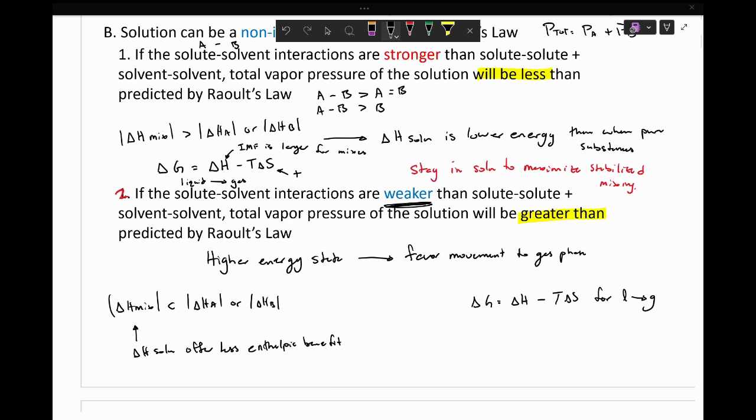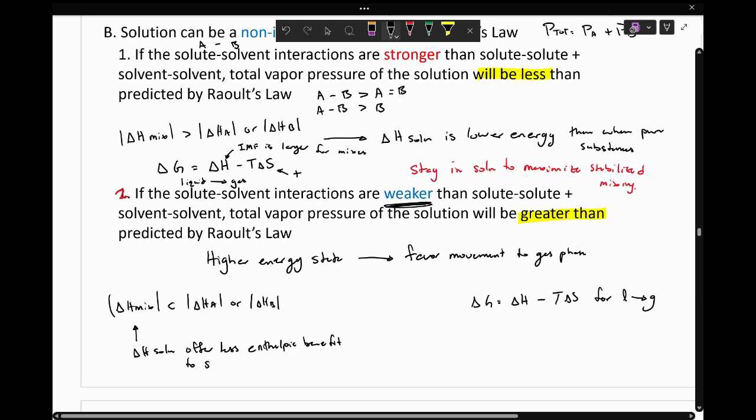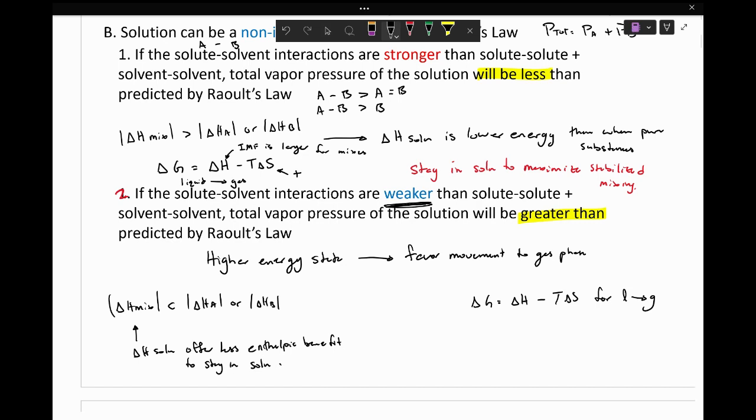So it's offering a small enthalpic benefit to stay in the solution phase, in the liquid phase.